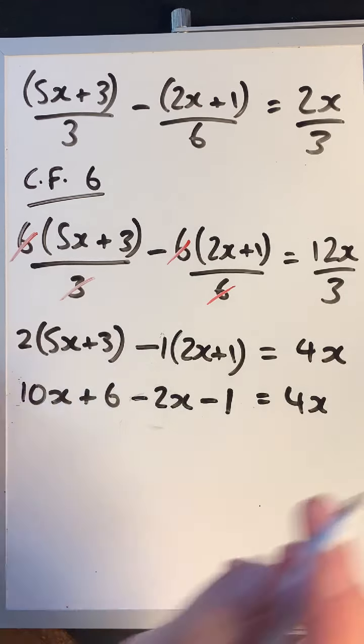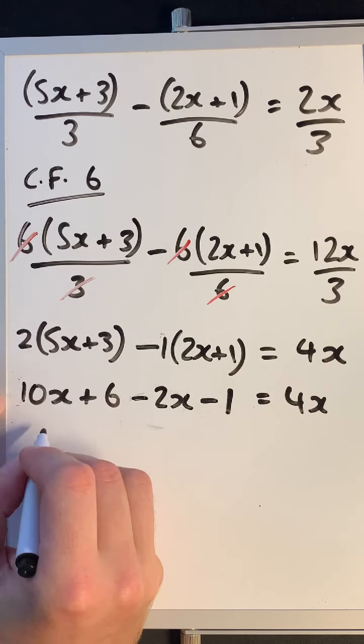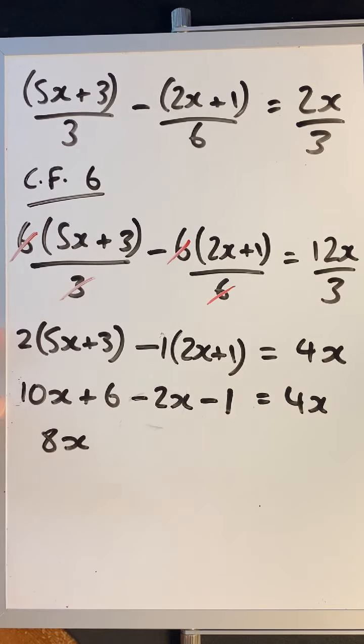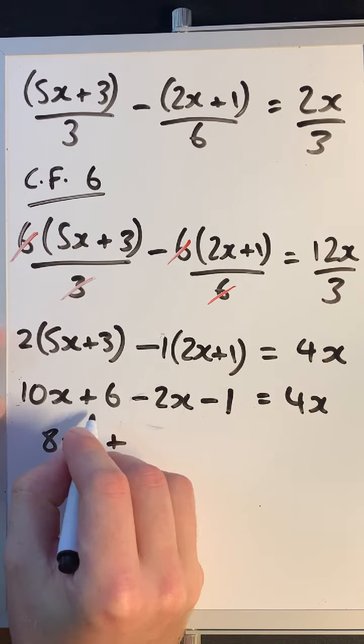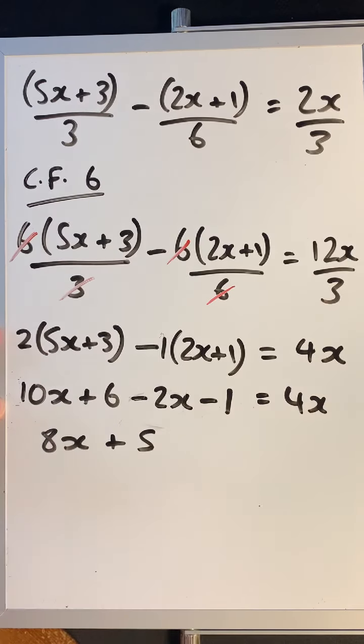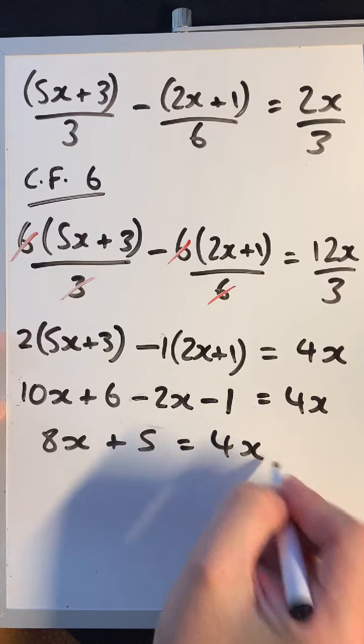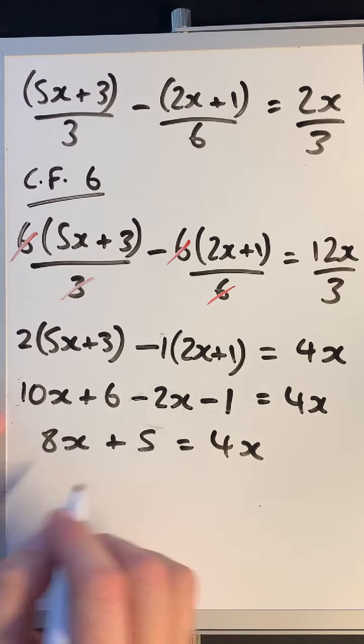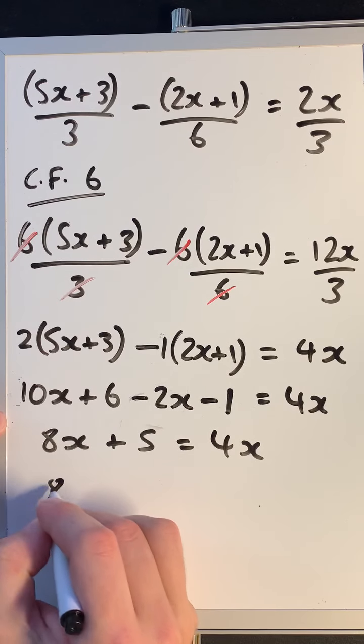So let's simplify these terms then, group them together. So we've got 10x minus 2x will give us the 8x. 6 minus 1 will give us 5, and that's equals to 4x. X is on one side, numbers on the other. So let's take the x's to the left then.